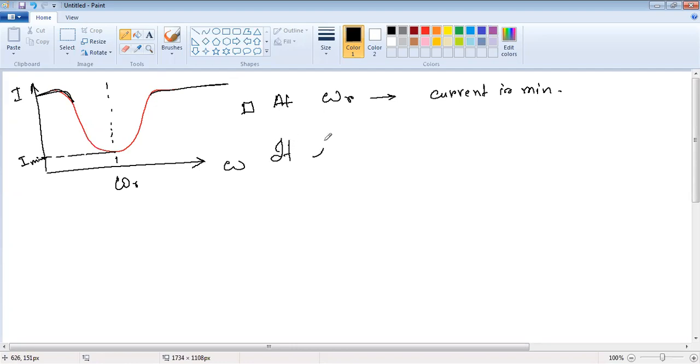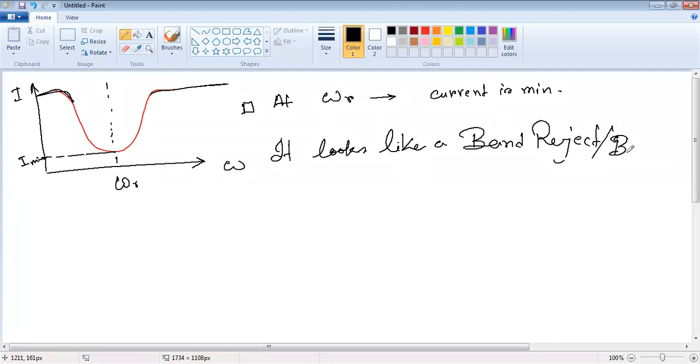It looks like a band reject or band stop filter. So the parallel RLC circuit is a band reject circuit or band stop filter, and the series resonance circuit looks like a pass band filter.